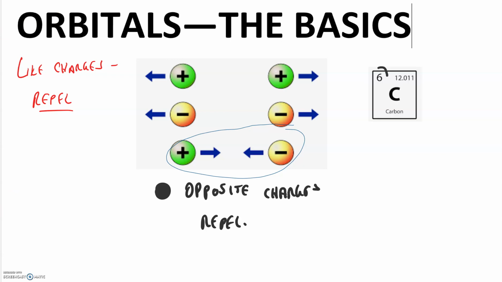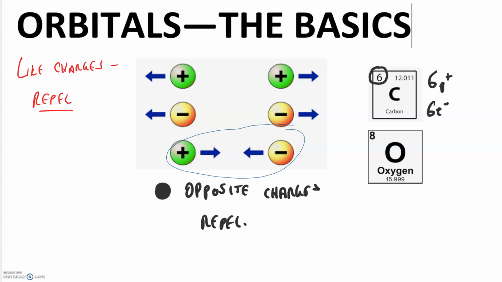Well, that starts to be a problem when you have atoms like, here's our buddy carbon. We know carbon's got an atomic number of 6, which means it has 6 protons, and of course that means it has 6 electrons. Or oxygen. Oxygen's got an atomic number of 8. That means it has 8 protons, and that means it has 8 electrons.